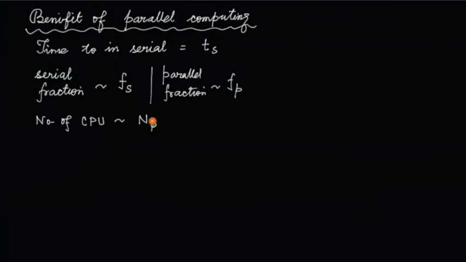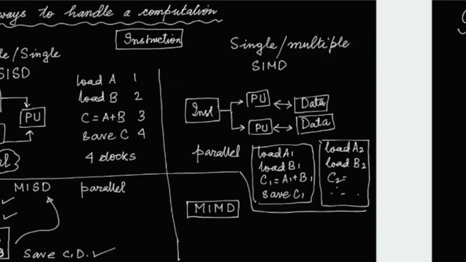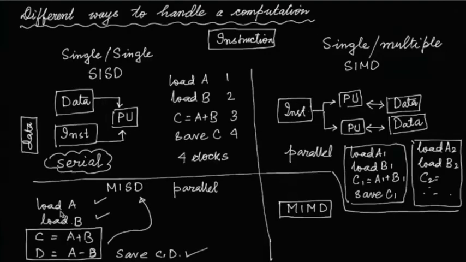What do you mean by serial fraction and parallel fraction? See, in this case, multiple instruction single data mode, I had one, two, three, four, actually six instructions, including save C and save D. So there are six instructions, right?